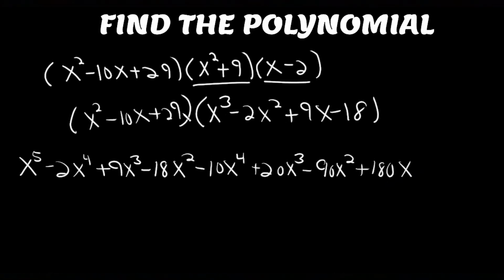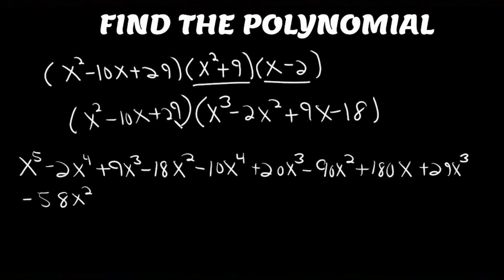I have this last term right here, which is plus 29, okay? So let's go ahead and do that, and then we'll be done. So we're going to do 29 times x cubed. That will give me 29x cubed. Then I'm going to do 29 times a -2x squared. That will give me -58x squared.